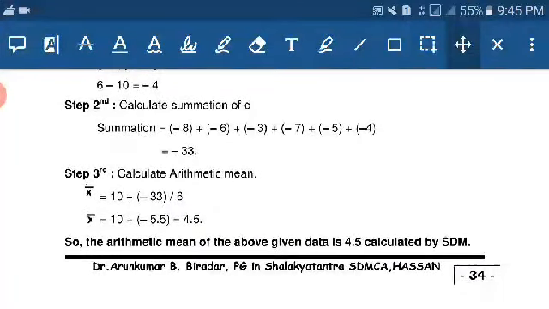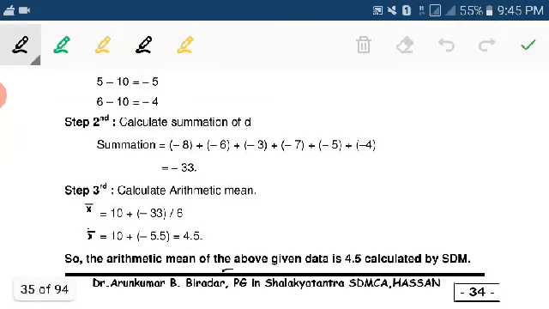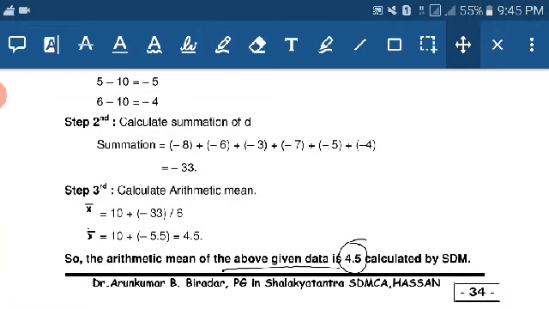Calculate the arithmetic mean: 10 plus minus 3 upon 6, that is 10 plus minus 0.5, which is equal to 4.5.